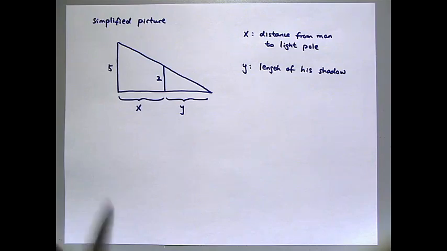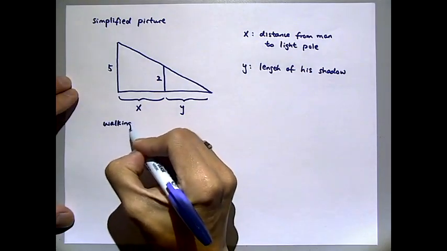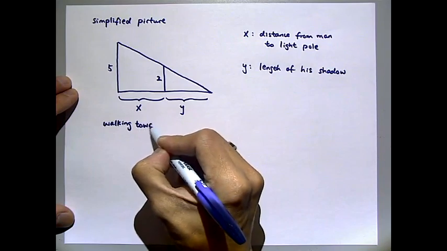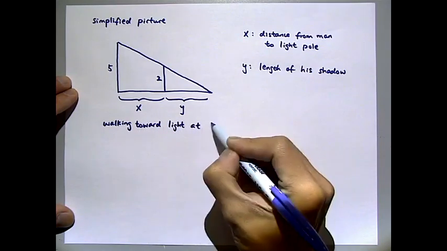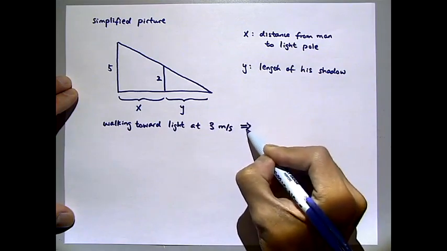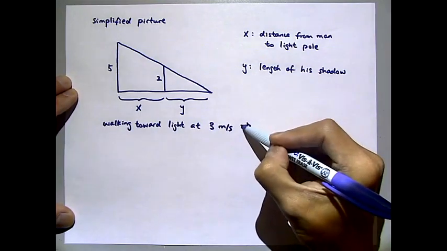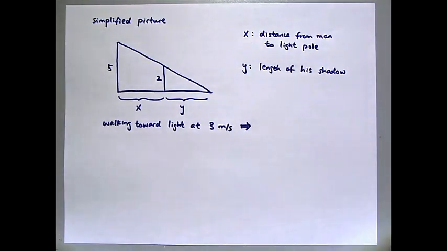Okay, so the problem says that he is walking toward the light at 3 meters per second. Mathematically, how would you express that sentence right there?